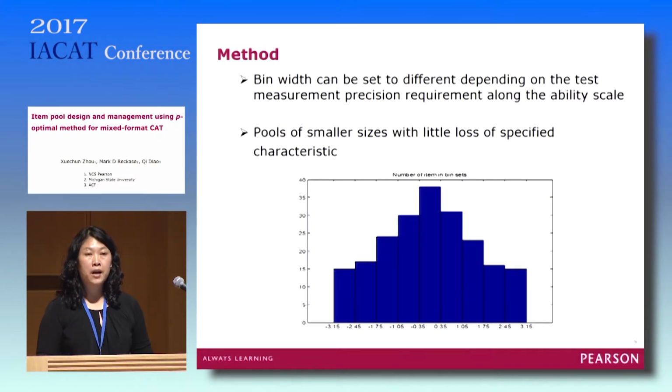Therefore, you can set a higher p, which means a smaller bin width for your point of interest. But if the CAT program doesn't care, or cares less, about some part of the theta scale, for example, I don't care that much about the lower extreme of the ability range, then your bin width can be wider.